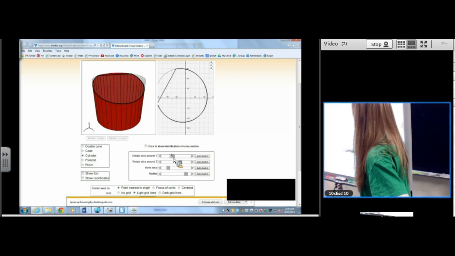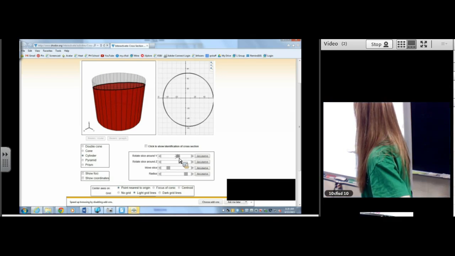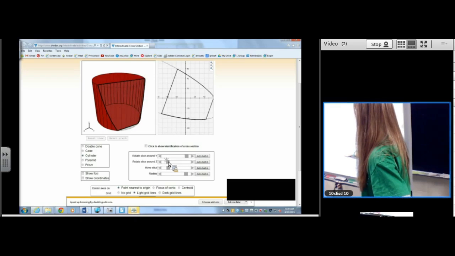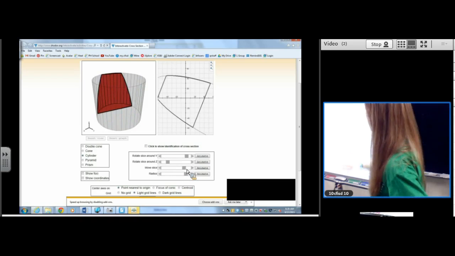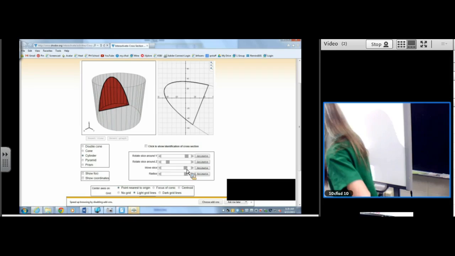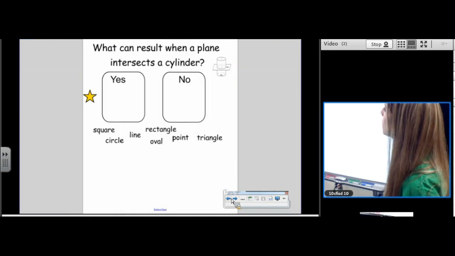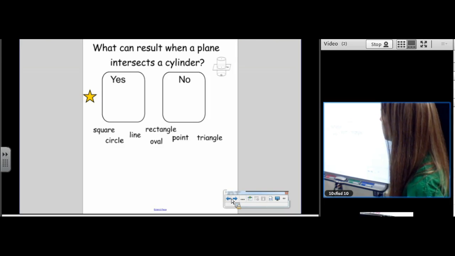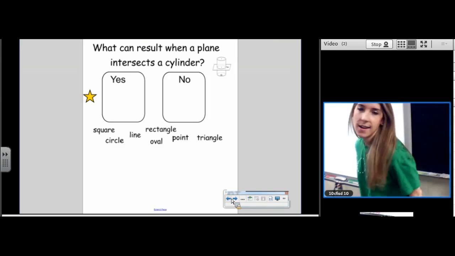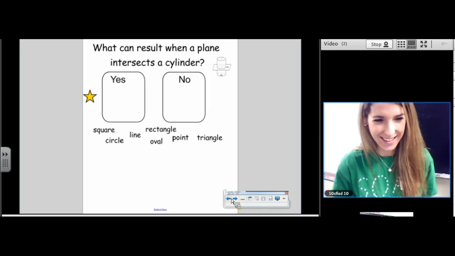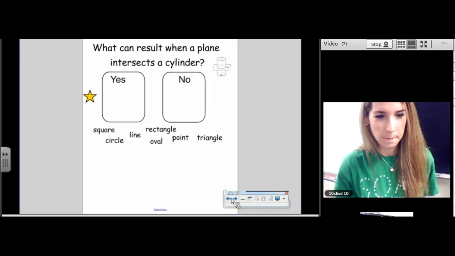So anyways, it just kind of helps us visualize what all the different shapes we could come up with when we do the cross-section of a cylinder. So, if I pose this question to you, what can result when a plane intersects a cylinder? What can and what can't? Oh, good job, Adriel. What do you think?